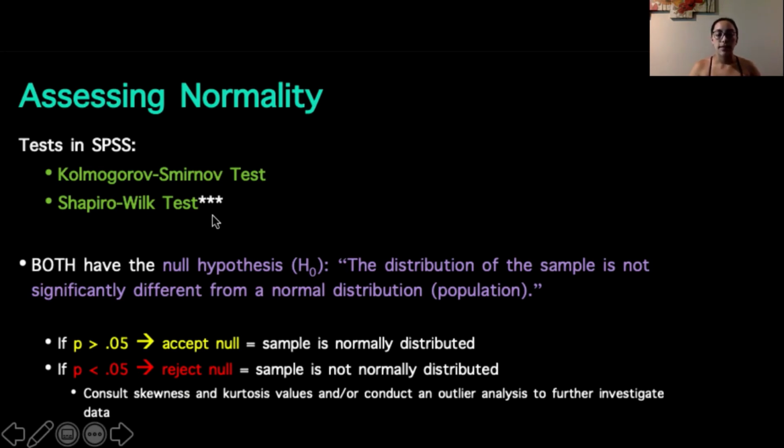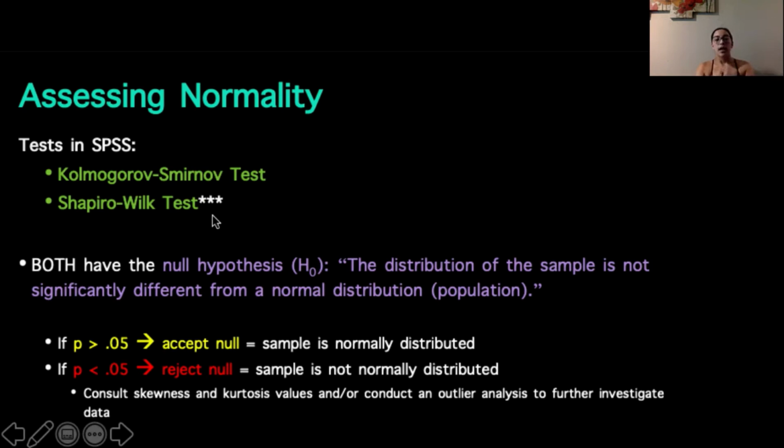So in this case, the null hypothesis is that we are assuming the distribution of our sample is not significantly different from a normal distribution, which we would say our population should have a normal shape, right? Or the sampling distribution of our population should have a normal shape. So we would expect that our sample also has a normal shape.